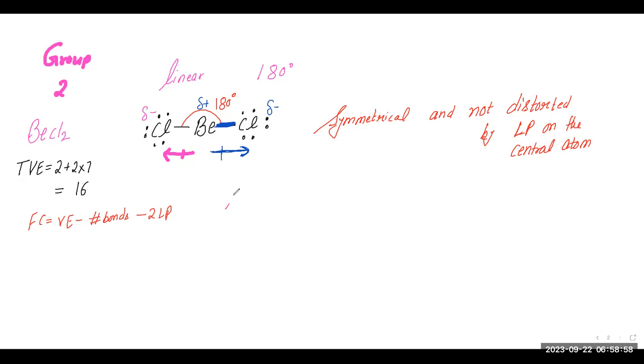So the net dipole moment, if you remember the word net dipole moment, this is mu, which is the sum of all dipoles. Net dipole moment here is 0. So the molecule is polar or non-polar? If the sum of all dipoles is 0, molecule is non-polar.